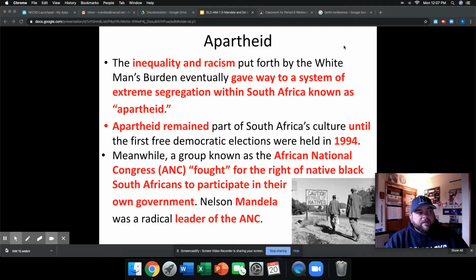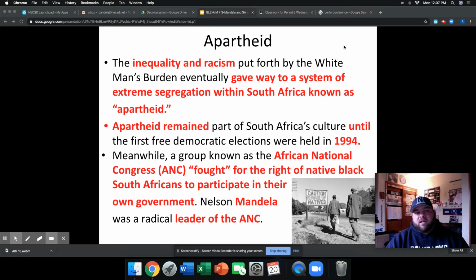They're not doing separate water fountains, they're doing separate cities. So this entire city and this entire geographic location is particularly intended for the use of blacks or natives, and then over here, this is a white only territory. And there are still parts of South Africa that, not legally but de facto, remain this segregated today.